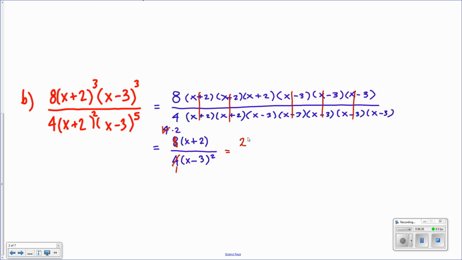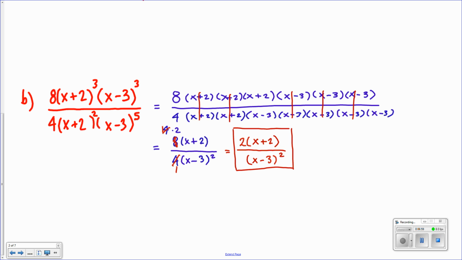That gives us 2 times the quantity of x plus 2 over 1 times this quantity squared, which is just x minus 3 squared. We have no more common factors in the top and bottom of our fraction, so we can't simplify it anymore. So this is our simplified version.